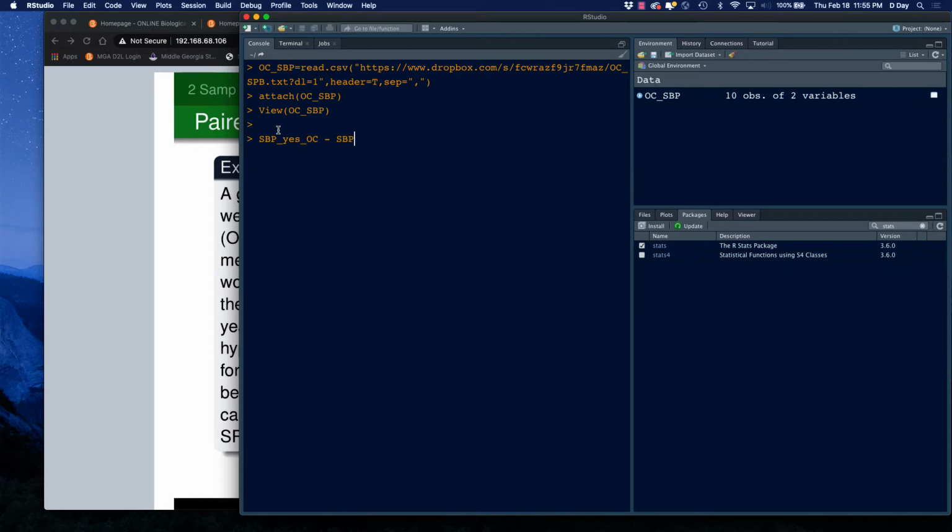But this is what we're going to want to do. We're going to want to use this statement I'm making right now when we do our QQ line, QQ norm, and Shapiro dot test. So let's take a look at those differences. There they are. Those are the numbers that we hope fit a normal distribution, so that we can continue on.